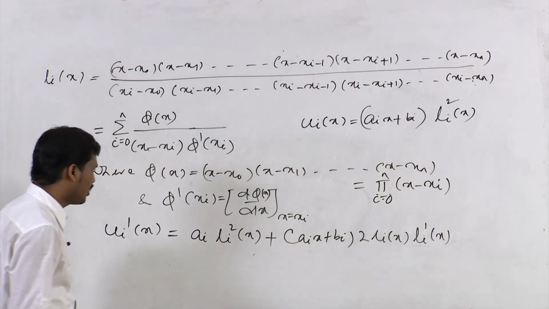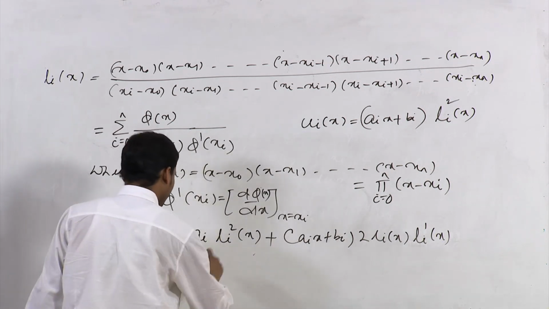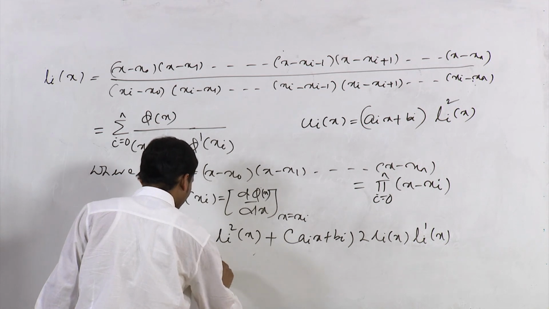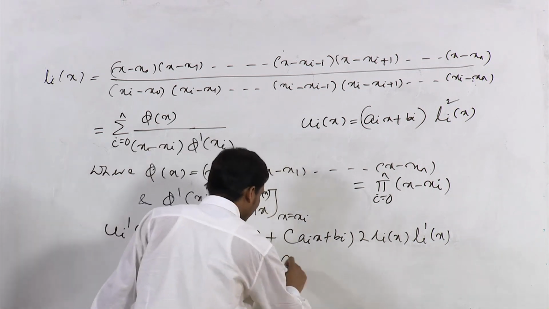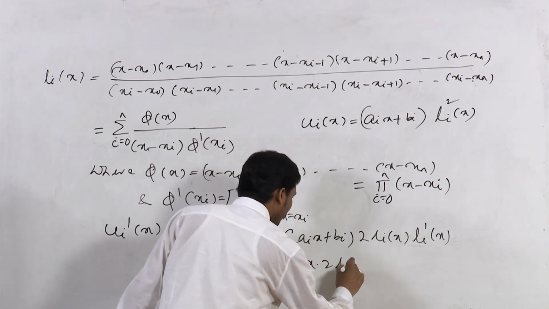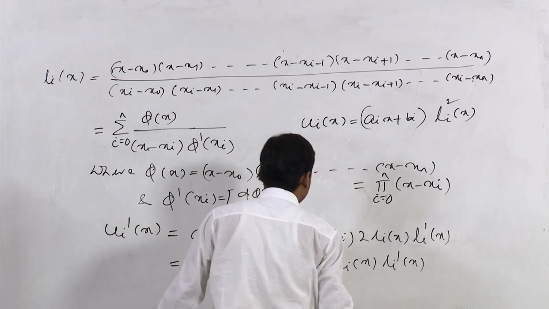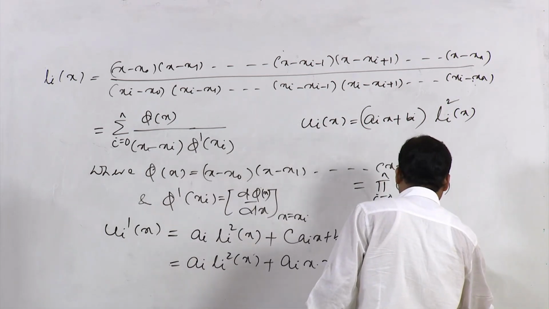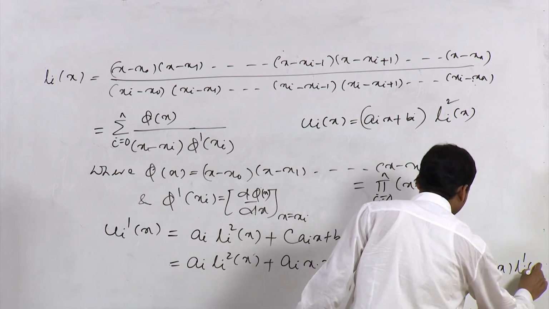So, if you take common of this ai from both these terms, we can write this as ai Li square of x plus ai x into 2 Li(x) Li dash of x plus bi into 2 Li(x) Li dash of x here.